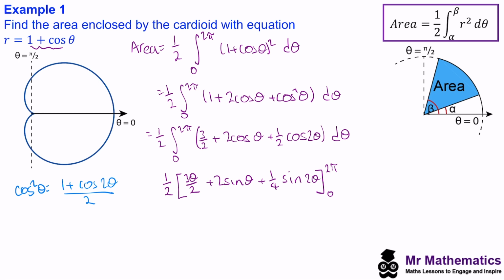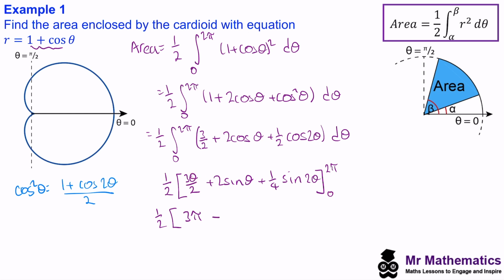So now we'll substitute in our limits. Well, 3 times 2 pi over 2, the 2's will cancel, so we're left with 3 pi. The sine of 2 pi is 0, so we double that and we get 0. Similarly here, times that by 1/4 and we still get 0. So we get 3 pi minus the lower limit.